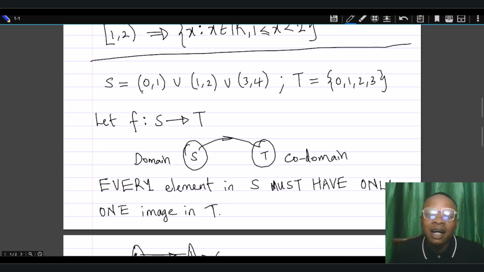Since there are infinitely many elements here, for each of these elements we have 4 options to pick from. If I pick an element, say 0.1, I can associate it with 0. That will be a kind of function. I can associate it with 1, with 2, with 3.